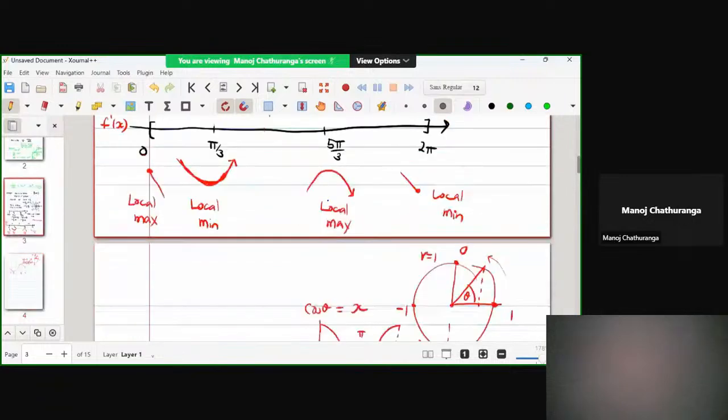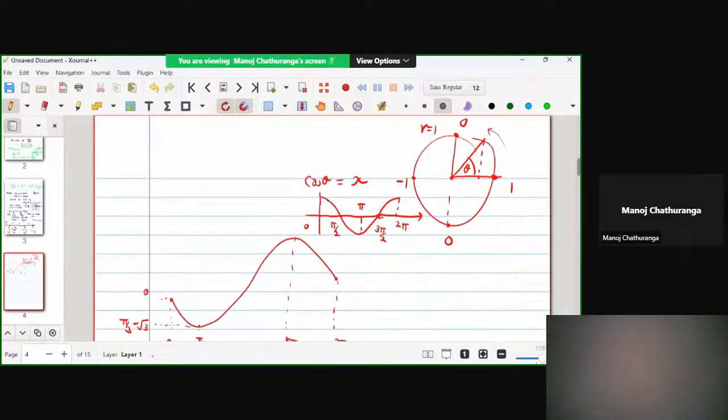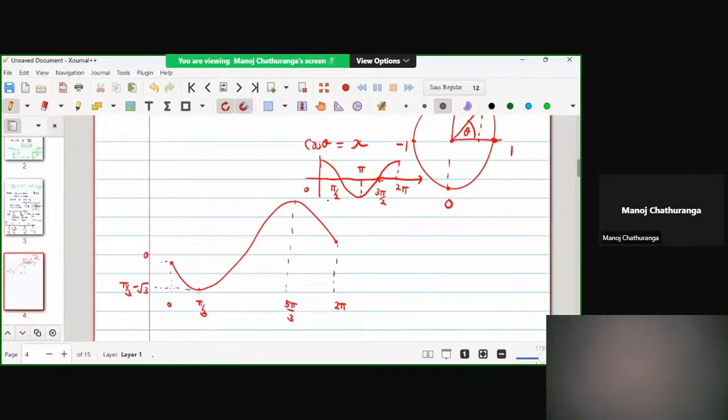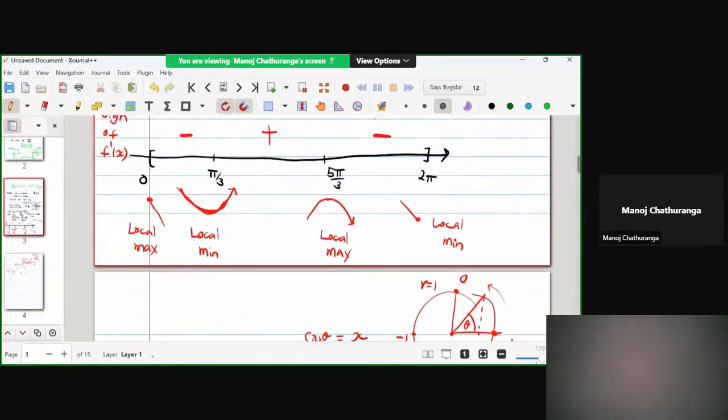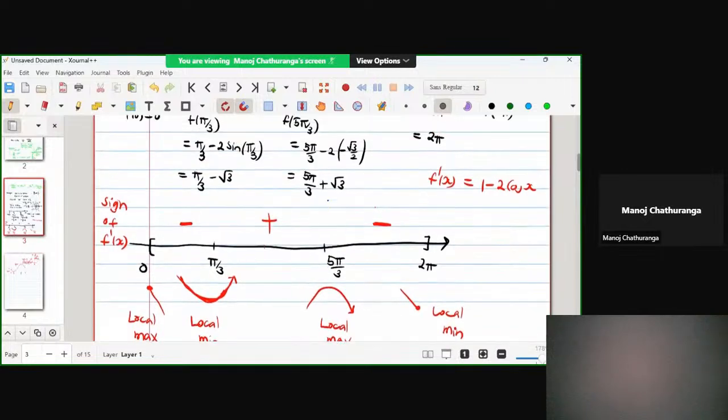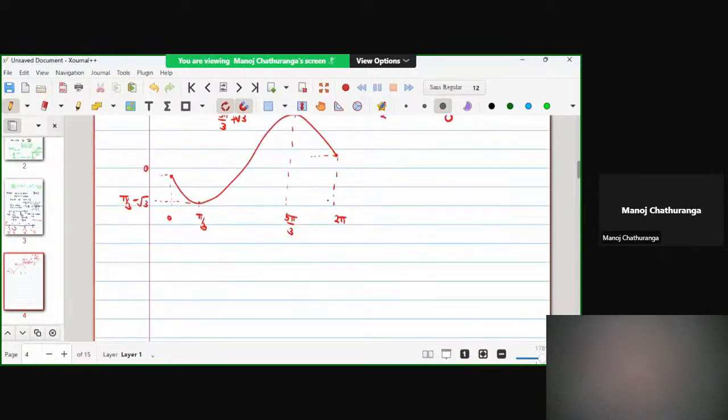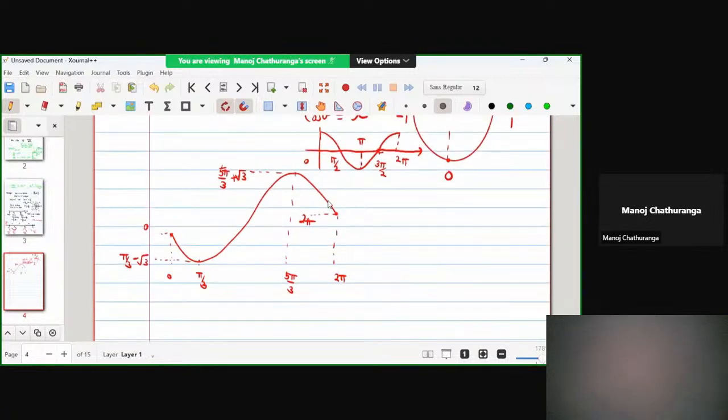At the topmost point, the y coordinate is 5 pi by 3 plus square root 3. Over here it was 2 pi. We have all the x and y coordinates.